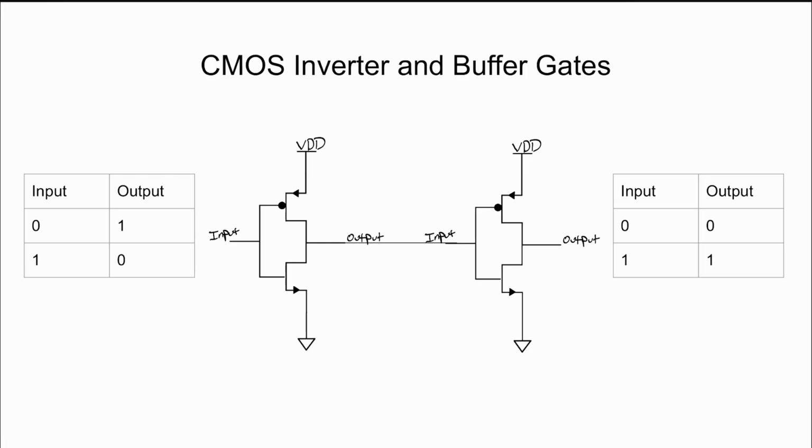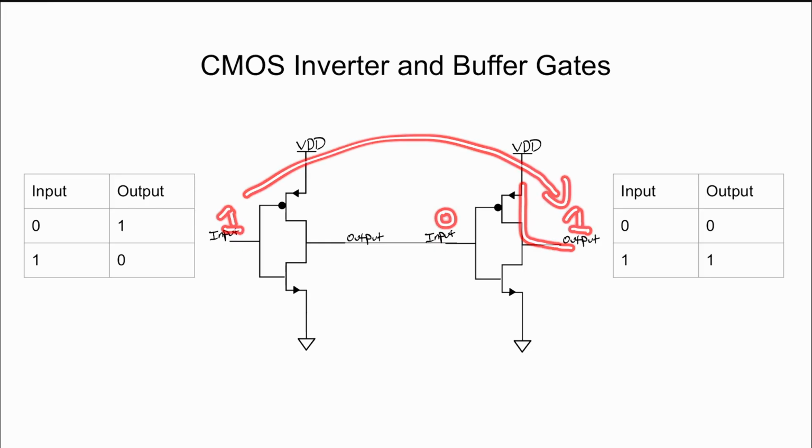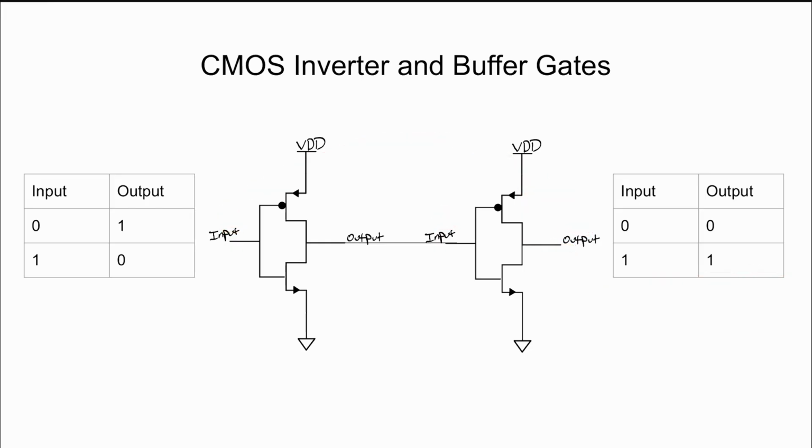So if we make that connection here, tying the output of the first stage to the input of the second stage, we can now follow the same methodology and analyze the circuit. So if we have an input of 0 at the second stage, the PMOS will allow for current to flow through and tie our output to 1, or VDD, and the inverse can also be done.